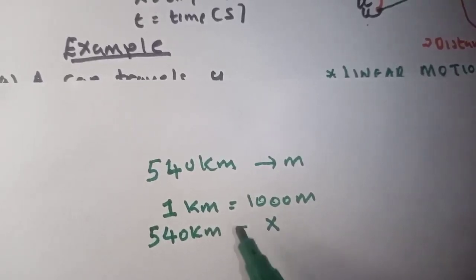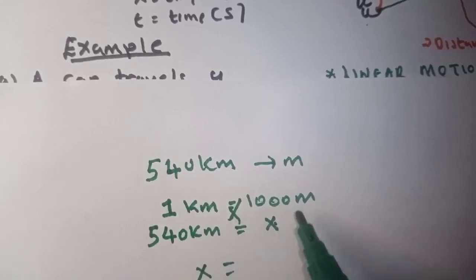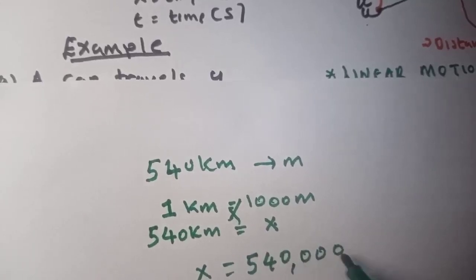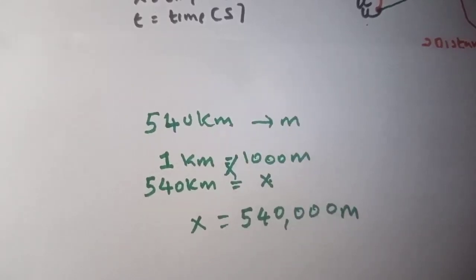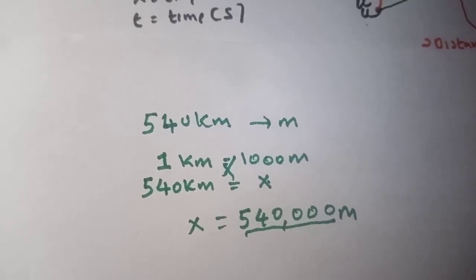This is how you convert. x times 1 is equal to 540 times 1000, which gives us 540,000 meters.